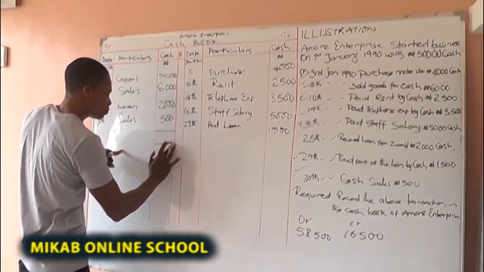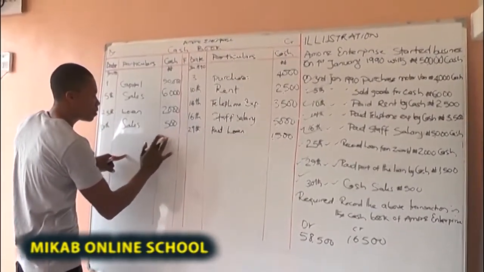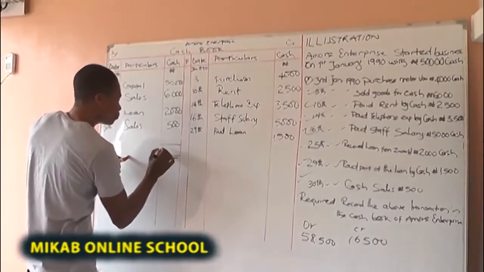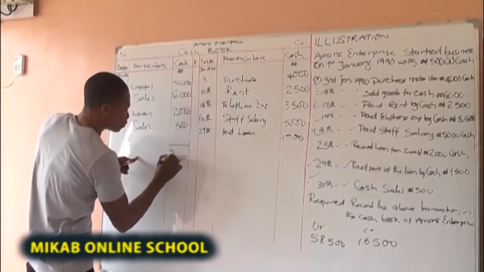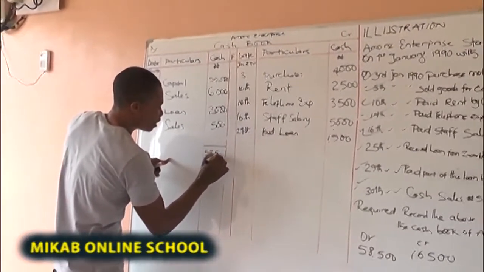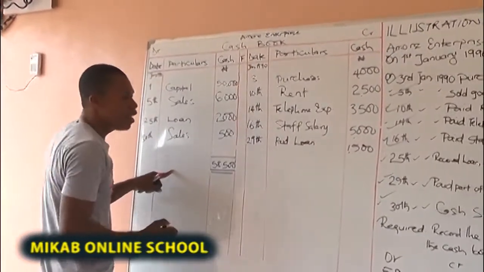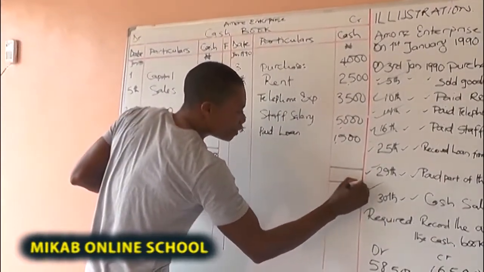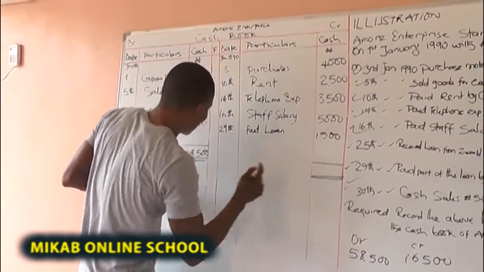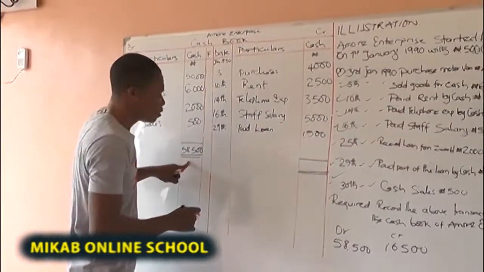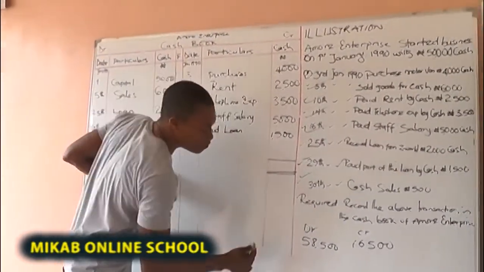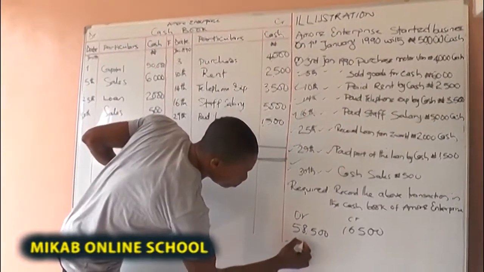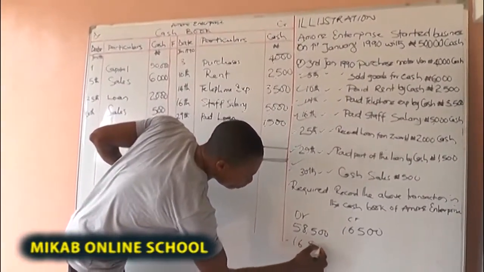You close by writing the highest value here, 58,500 naira. If you total the credit side, the value will be less than what we have at the debit side, so we find the difference first. You subtract 16,500 naira from 58,500.